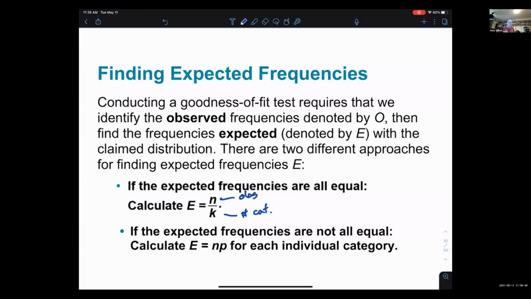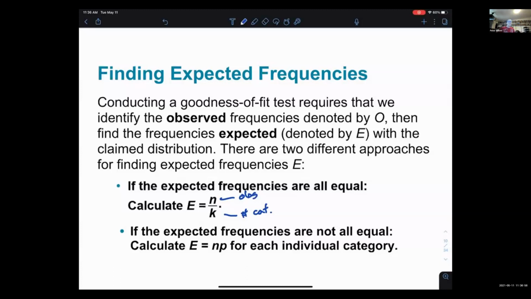So if I had 4 categories and I made 100 observations, and I thought that they would be equally distributed, a uniform distribution, then I would expect to see 25 in each of my 4 categories, because that would be 100 divided by 4 categories.